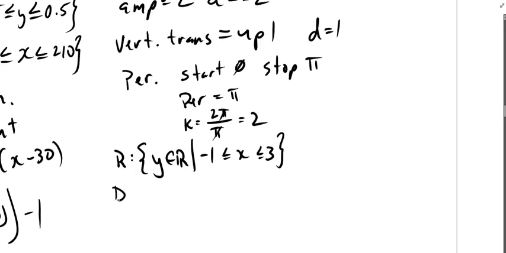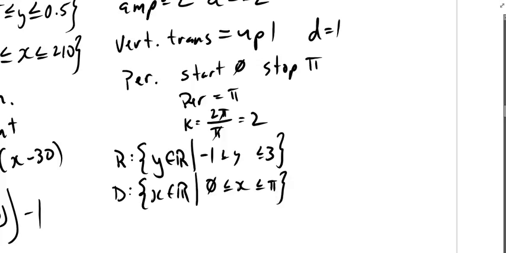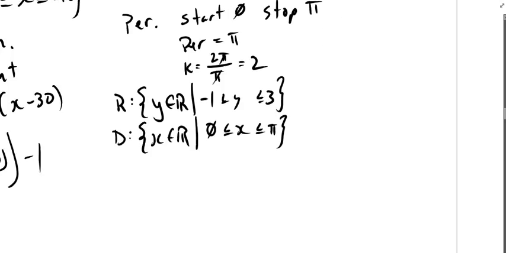Domain. Zero is less than or equal to x, less than or equal to pi. See how to find the domain? We basically have to find the length of a period, the start and the stop, and the phase shift.